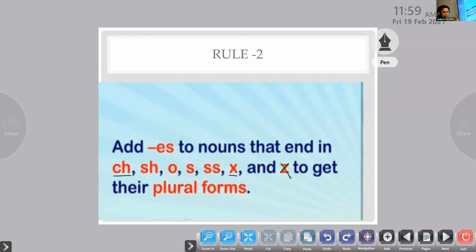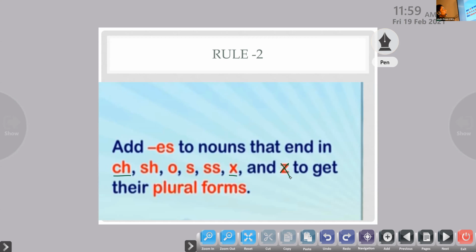Words that end in ch, sh, o, double s, and x, we form the plural by adding es at the end of these words.